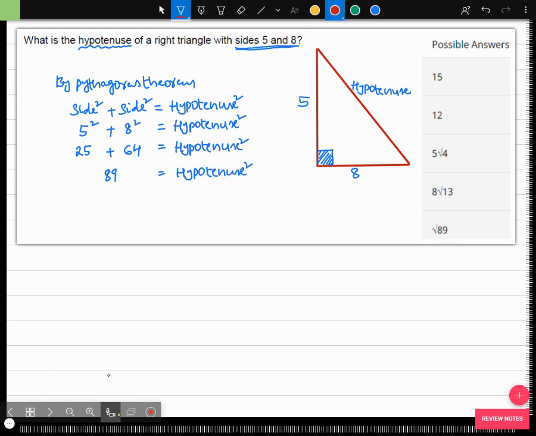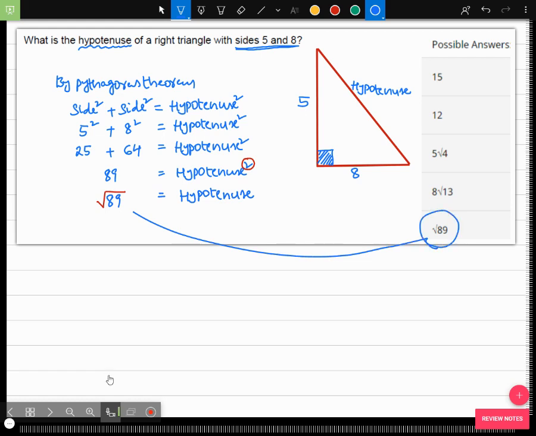Now, if the square is to be eliminated on one side, on the other side we take the square root. So square root of 89. Sometimes our answers may not match the options, but here it is matching.